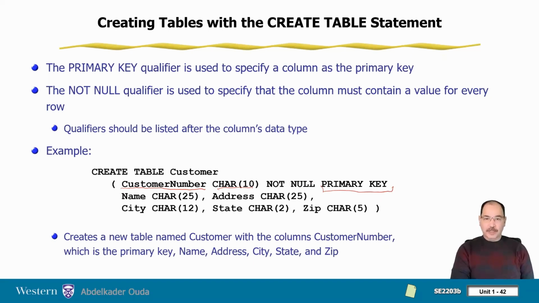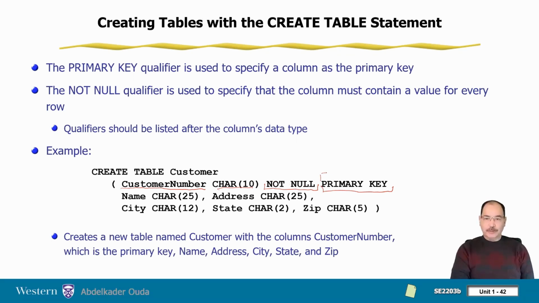And a primary key cannot be a null value, so it should be not null. That means there is no chance to have an empty value for the customer number. If you try to store an empty value here, when we write not null, the program will give you an error.